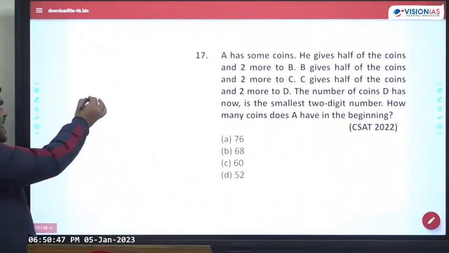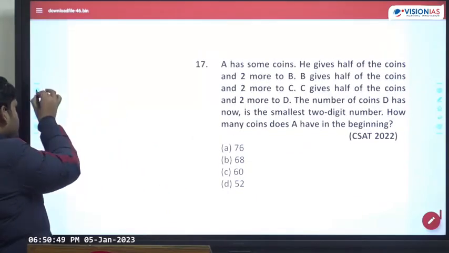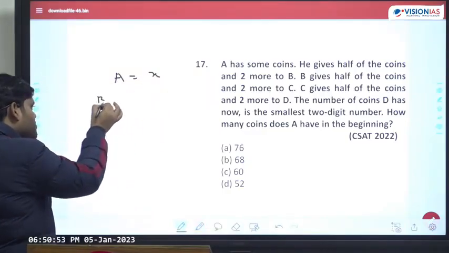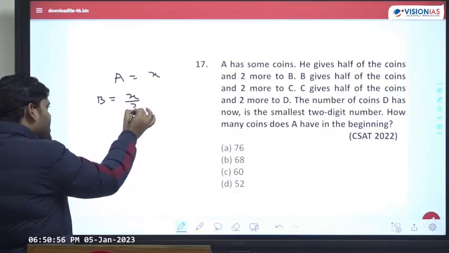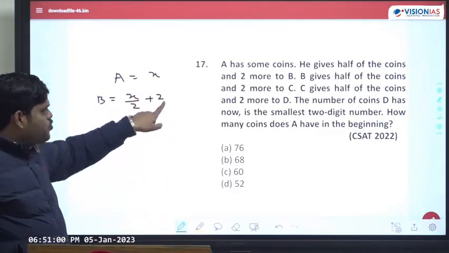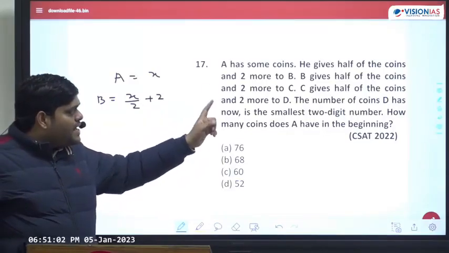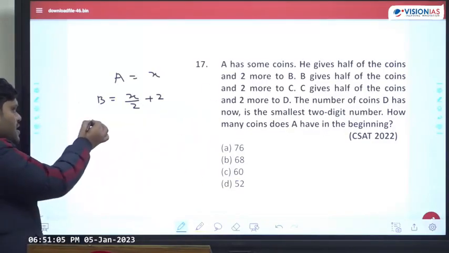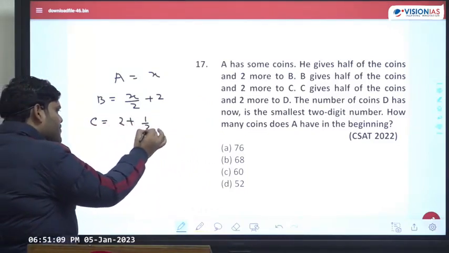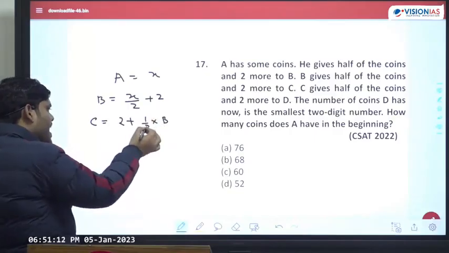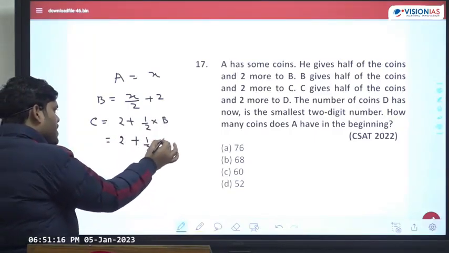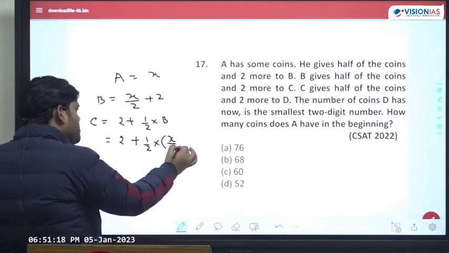See, suppose the number of coins A has is X. So how much does B receive? X by 2 plus 2, because A is giving half of the coins plus 2 more to B. And B gives half of the coins plus 2 more to C. So how much will C receive? 2 plus half of the coins of B, which is 2 plus 1 by 2 into X by 2 plus 2.